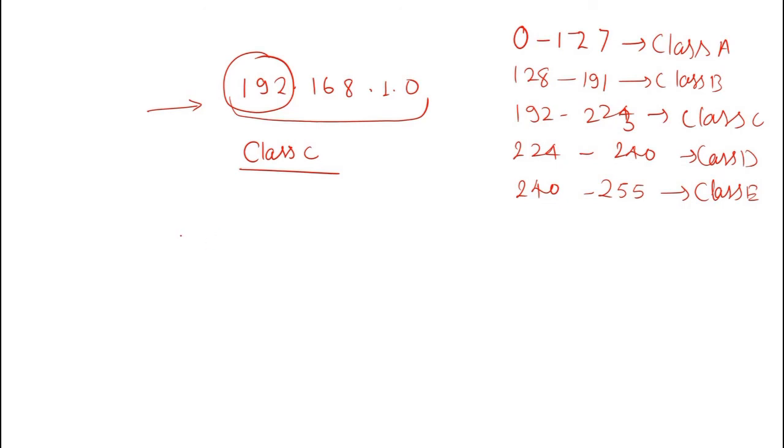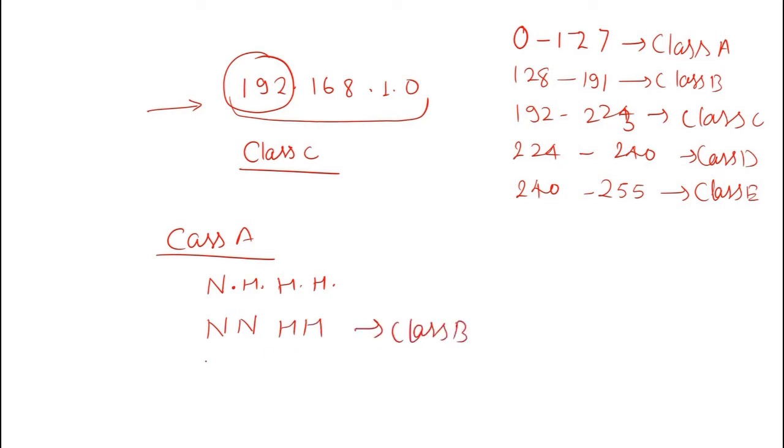Yeah, that's also the case. In a class A IP address, the first octet is the network part, and the remaining octets are the host part. For class B, there are two network octets and then host. For class C, three network octets and then host.